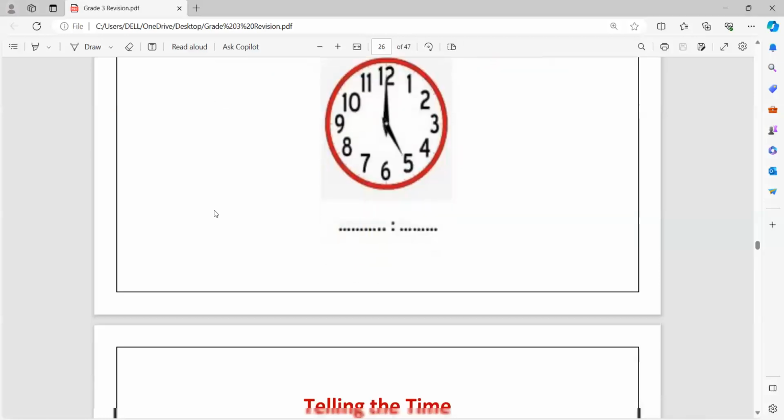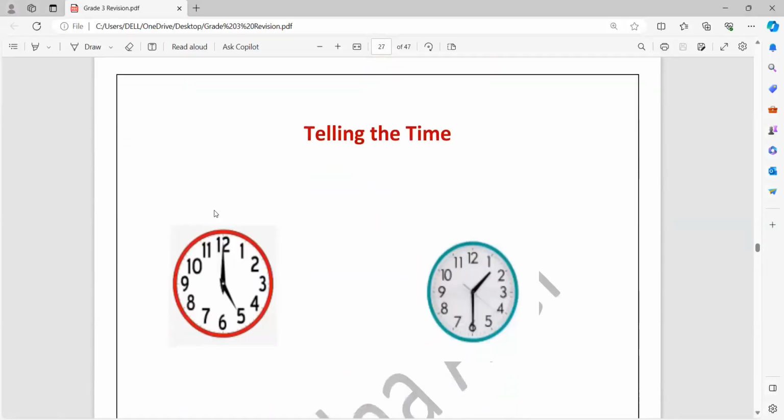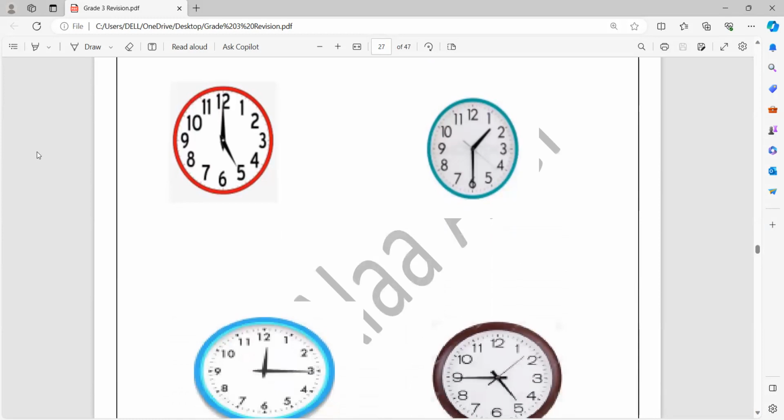Can you remember? How can we tell the time by words? When the longhand stops on the 12 or 0 minutes, we are going to say the word o'clock. So here it's 5 o'clock. When the longhand stops on number 6, which means 30 minutes, we are going to say it's half past.